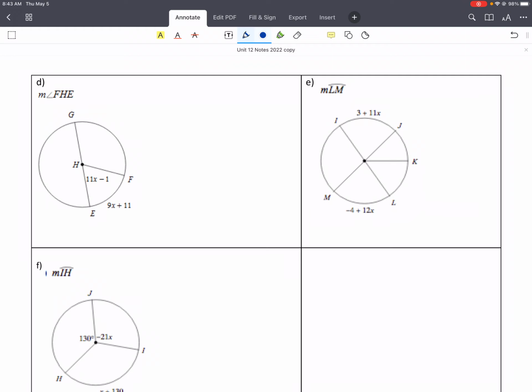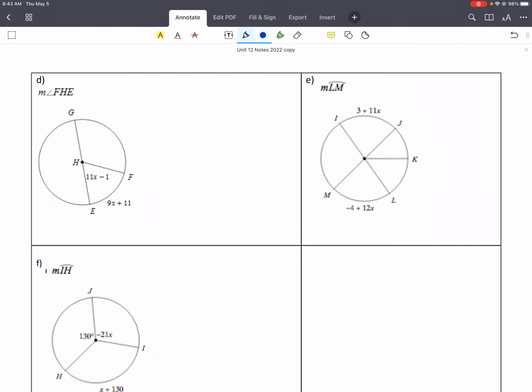With D here, find the measure of angle FHE. Okay, so we have to find that measure. We know that the angle on the inside is 11x minus 1, and we know that the arc is 9x plus 11.